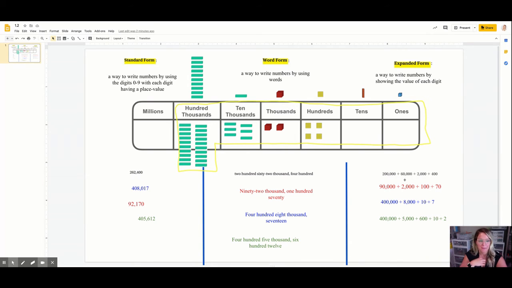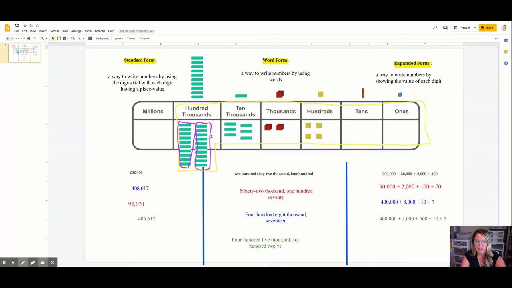So, for example, our first number here, which is also represented here, we can break it apart. So we're going to start either from the left or from the right. I'll start from the left, since our 100,000s is the biggest. We can see that we have one group of this and another group of this.